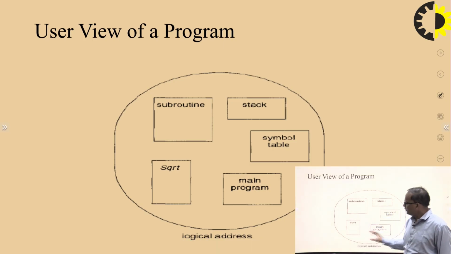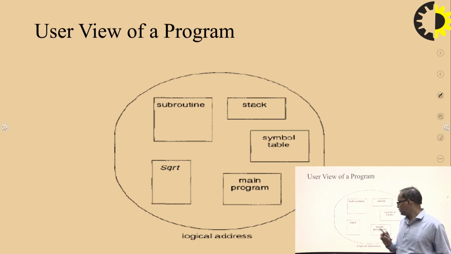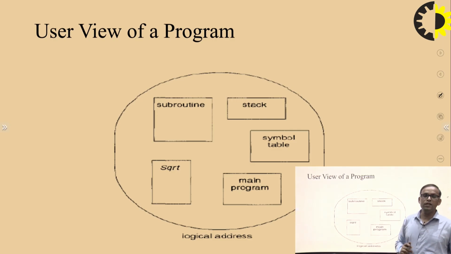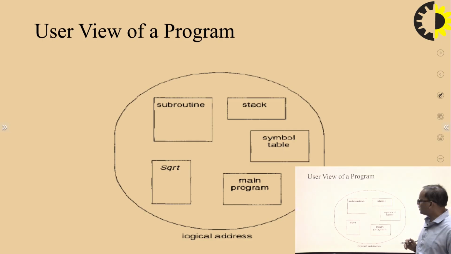So this complete program is divided into 5 segments, and each particular segment has two things associated with it: the segment number, and the segment length or segment size. Take a C program, for example. In a C program, the first section is the header files, the second section is the global declarations, the third section is the main function, and after that user-defined functions are used. In the same way, a particular program can be visualized as a collection of segments.